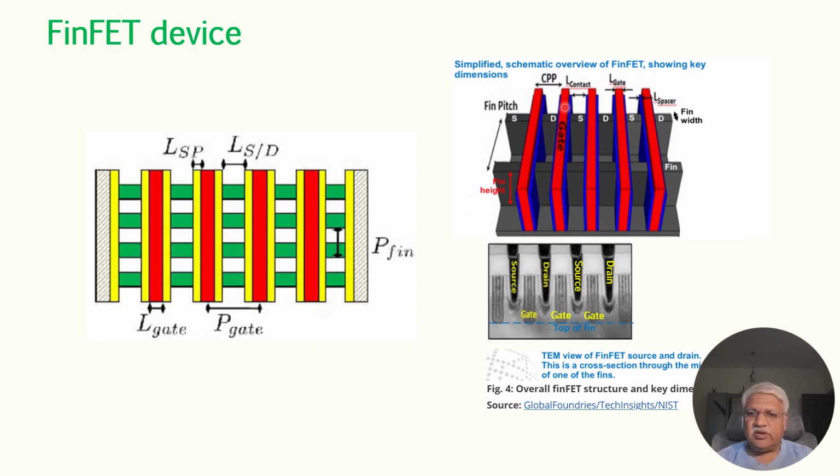This is the poly gate, and these are the source and drain of the fin. They are shown here. This is the TEM view. In some cases SEM view or TEM view are taken, and this is the fin height.